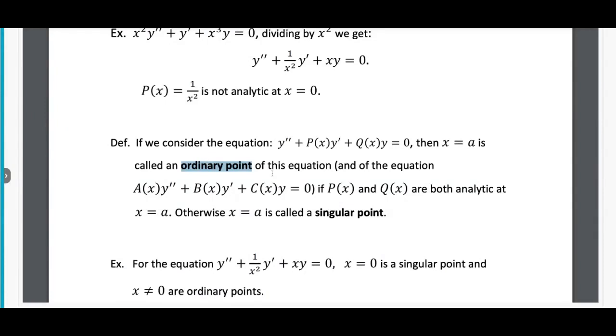It's called an ordinary point of this equation if p of x and q of x are both analytic at a. If this is not the case, we call a a singular point.